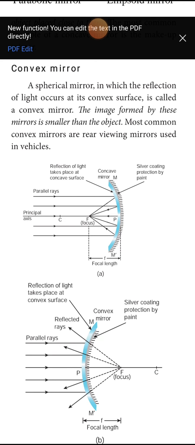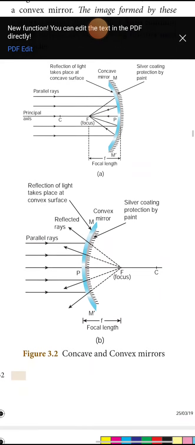After reflecting, the rays join at a point. That point is called the focal point, focus F. The center of the reflecting surface is called the pole P. The center of the sphere from which the spherical mirror is cut is called C, the center of curvature.